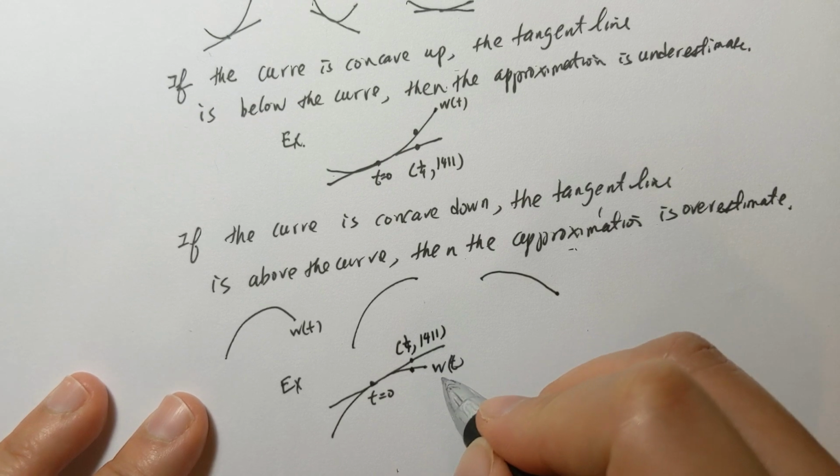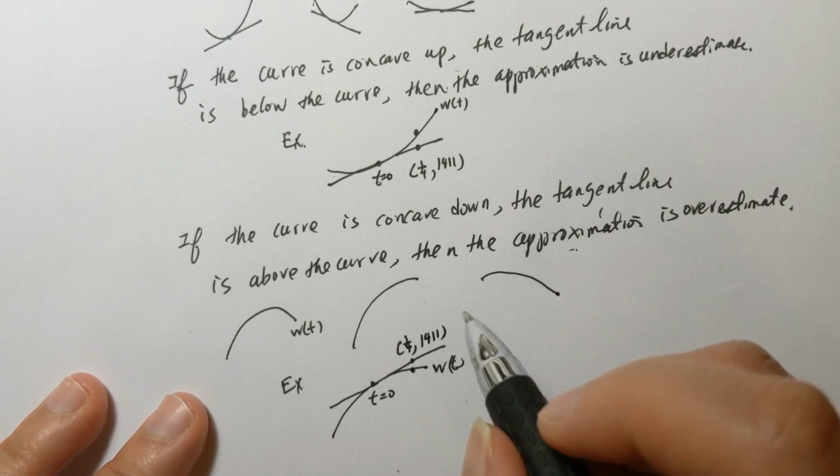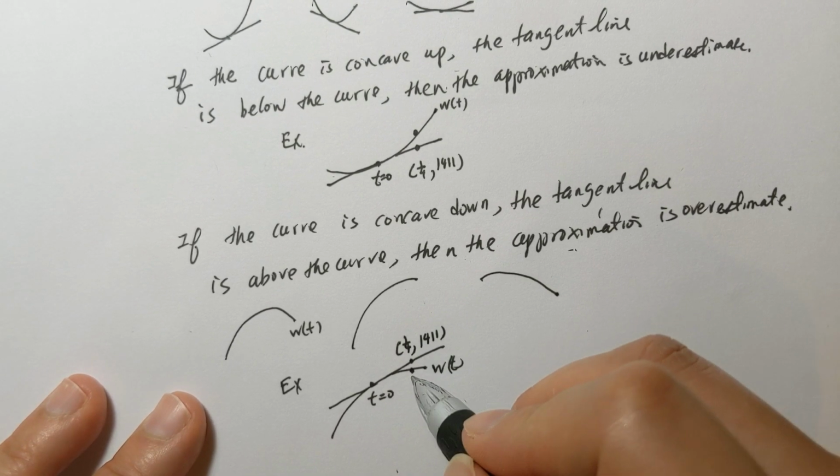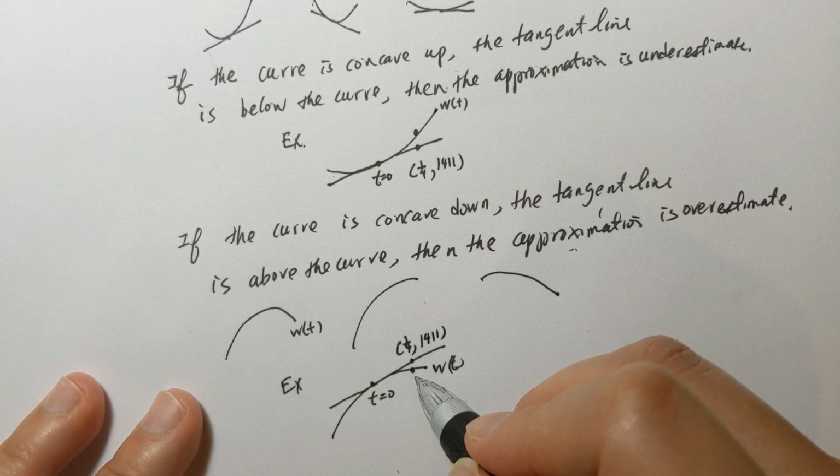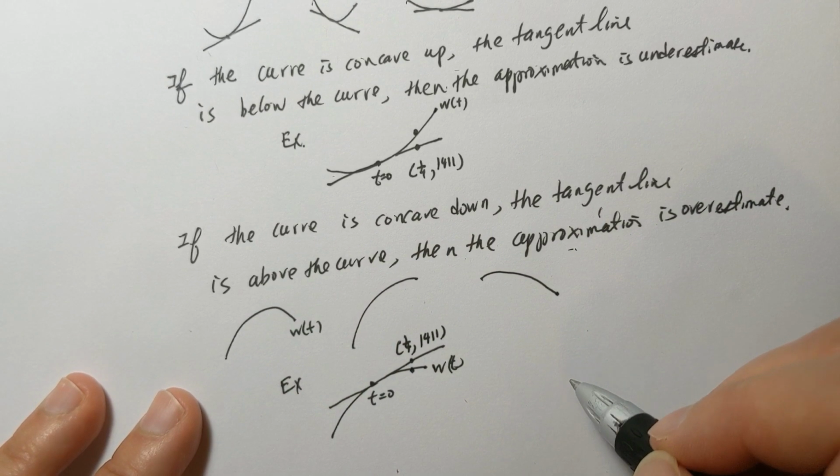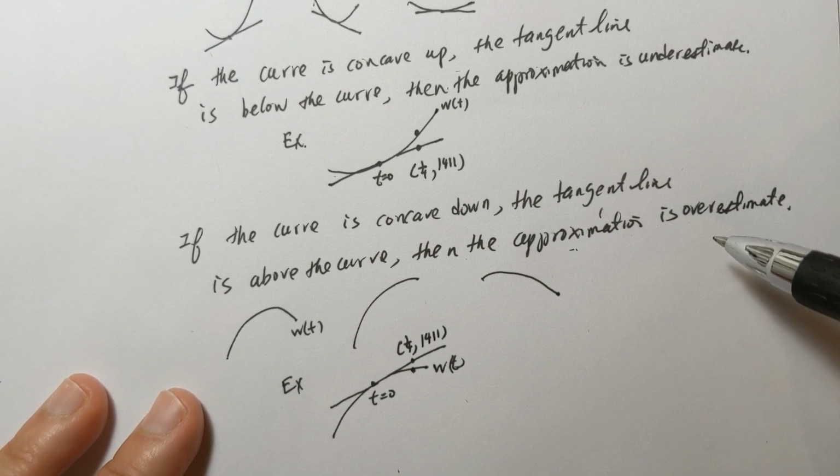So if W(t) is concave down, then your 1.4, 1.1 will be bigger than the actual value. That will be an overestimate. So this is the idea behind this question.